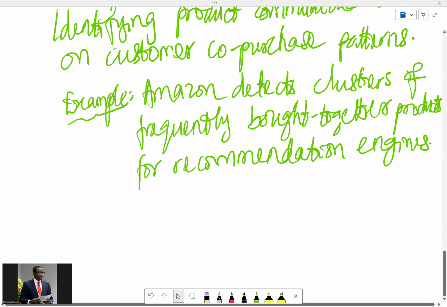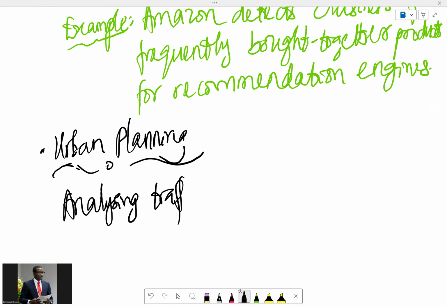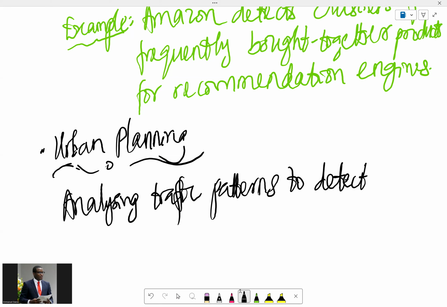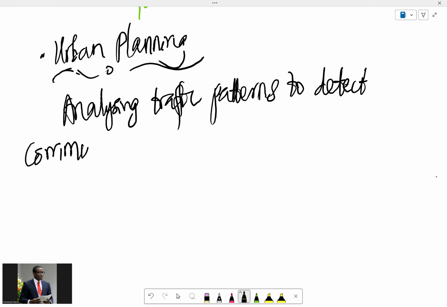Here, community detection can help in analyzing traffic patterns to detect communities of interconnected road networks.